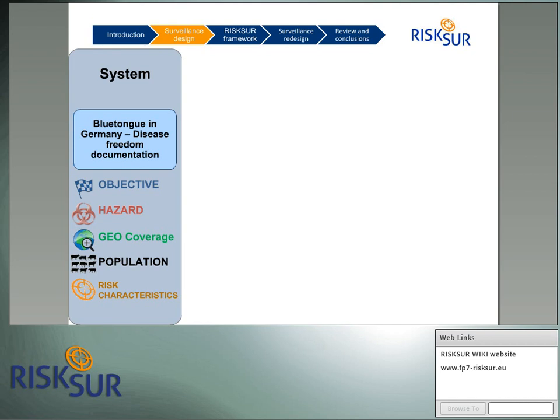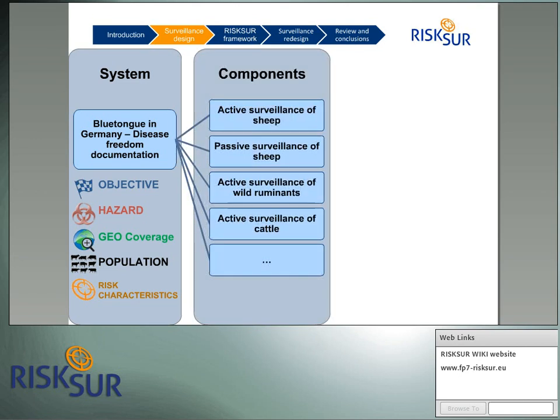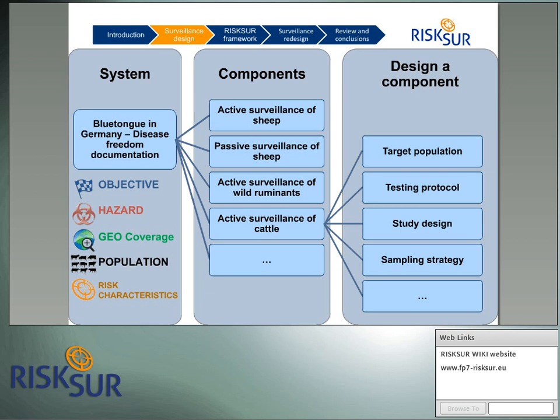An example of a system would be surveillance to demonstrate freedom from bluetongue in Germany. This surveillance system would be composed of a number of surveillance components, which are the individual activities targeting specific segments of the animal population. Each of those activities in turn requires a number of steps, such as collection of samples, laboratory analysis, etc.